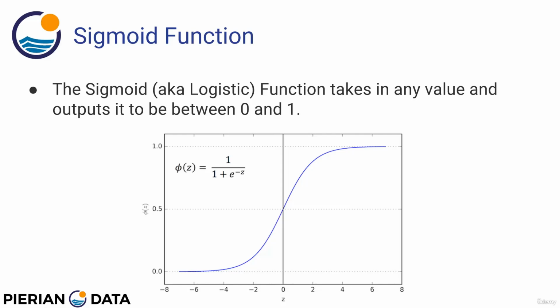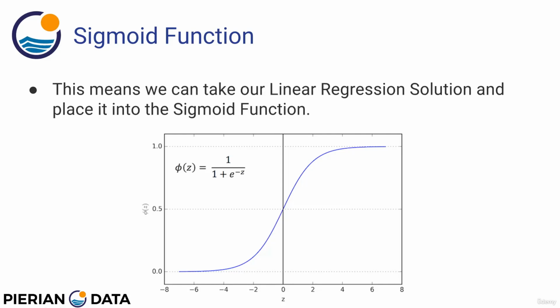The key thing to notice here is that it doesn't matter what value of z you put into the logistic function or the sigmoid function, you'll always get a value between 0 and 1. So again, if you take a look at this plot, it doesn't matter what value you put in for z, the output along the vertical axis is always going to be between 0 and 1. And that's the key to the sigmoid function.